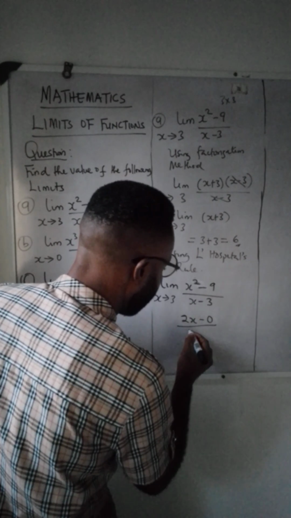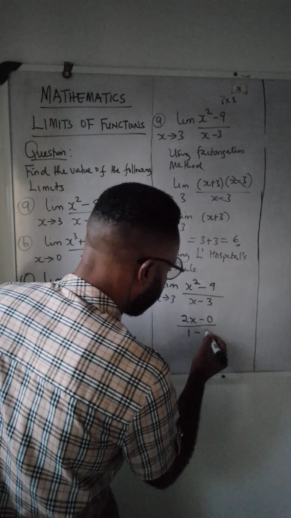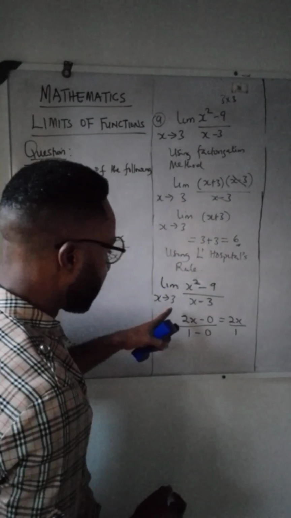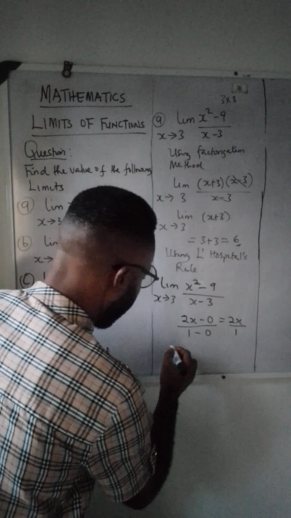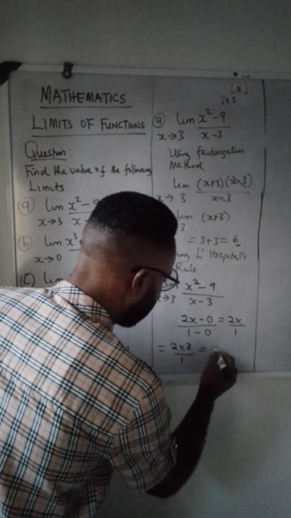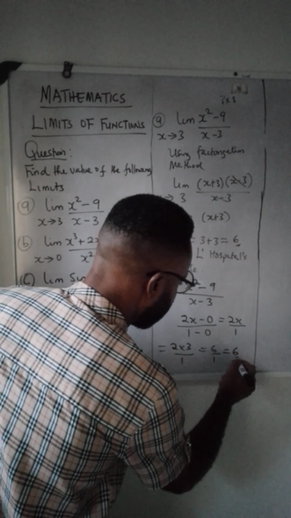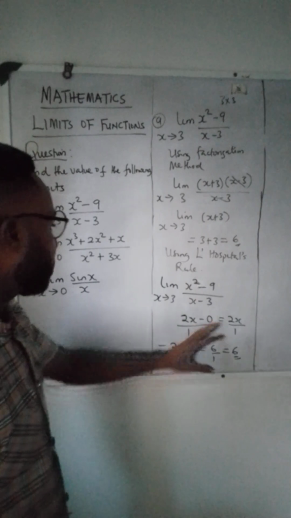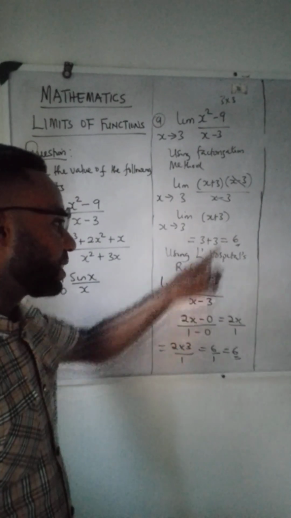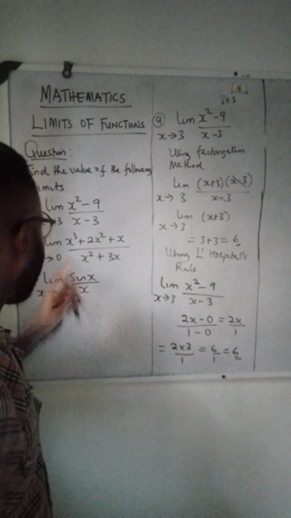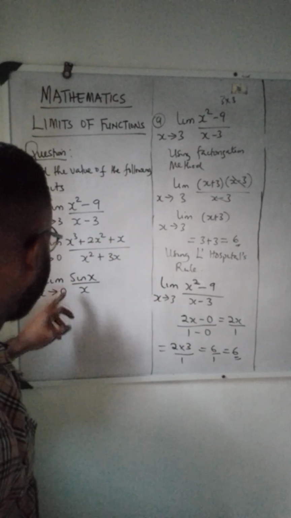Divided by, if you differentiate x here, it will be 1. So this will give us 2x over 1. Recall that our x is 3. So we are going to have 2 times 3 divided by 1, which is equal to 6 over 1, which is equal to 6. So if you check, by using the factorization method and L'Hospital's rule, we still arrive at the same answer, 6, for question A.